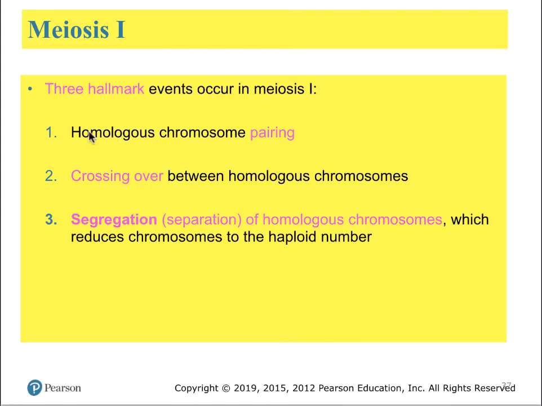The first is what we just discussed, that homologous chromosomes pair up. The second thing is, once these homologous chromosomes have paired, they are now in a position to physically exchange DNA. That's called crossing over. And then the third hallmark of meiosis is that the homologous chromosomes are segregated from each other at the first phase of cell division.